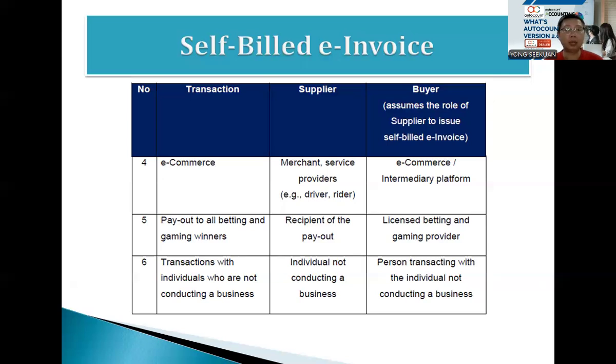Another scenario is individuals not conducting business, like freelancers. You provide accounting services to your client, and your client makes payment to you for your accounting fee.